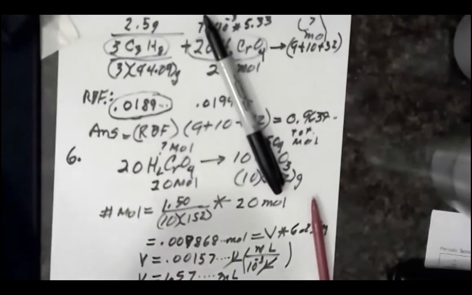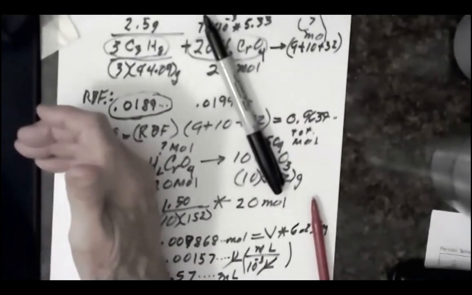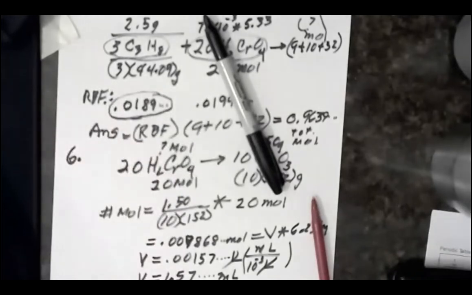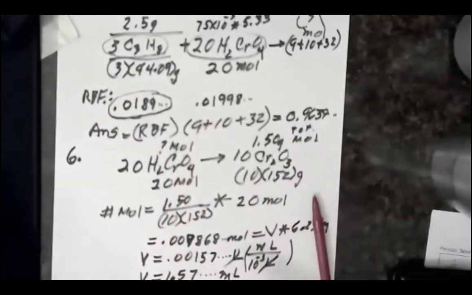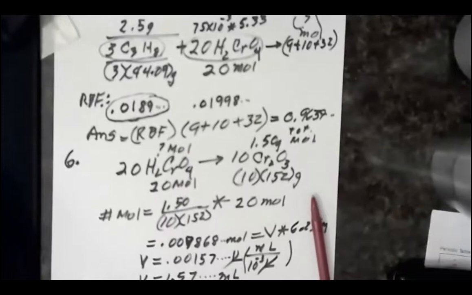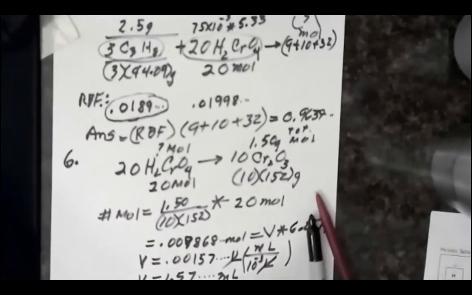So I need to scale that up by that 68.6%, which means I need to divide this by 0.686. That's the fraction, that is that percentage. So if I take that answer and divide it by 0.686, now that should be the answer.